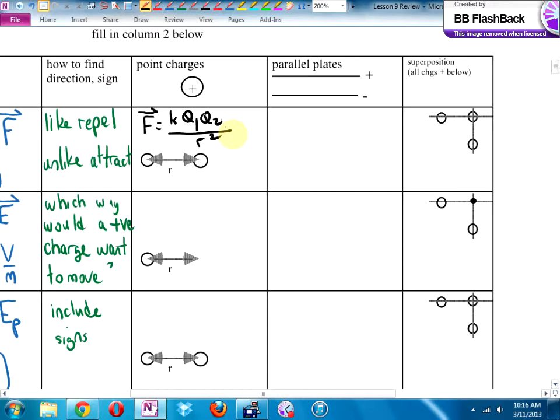What's the equation for force between parallel plates? There is one. It's on your formula sheet, but you have to rearrange a definition. This is the equation for force that works for anything. So find the other equation that has an F in it and get the F by itself.